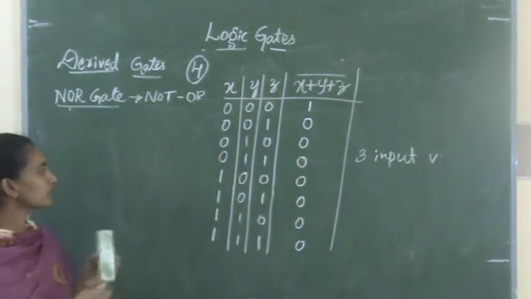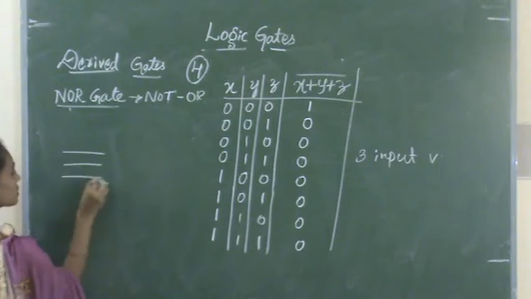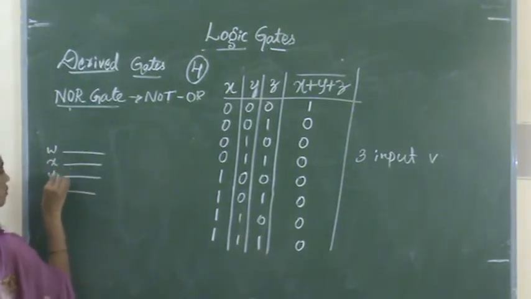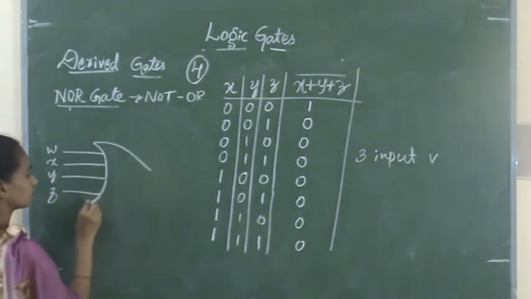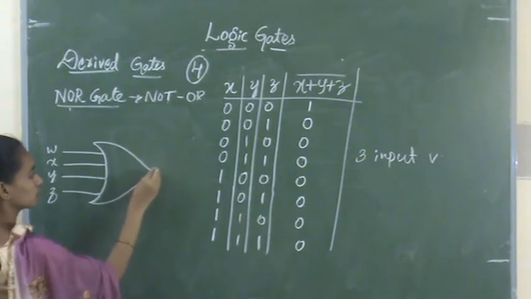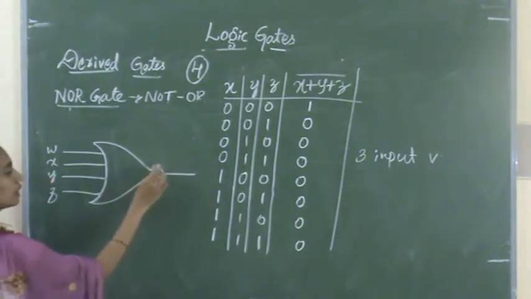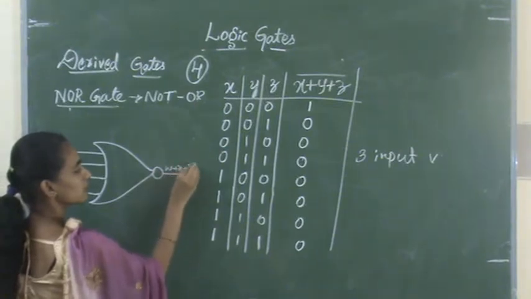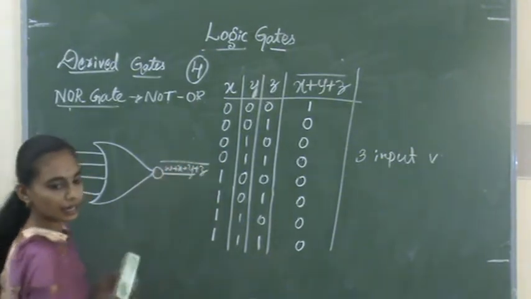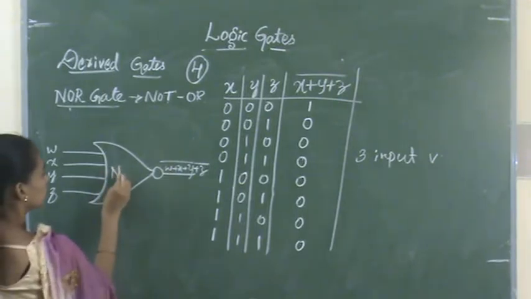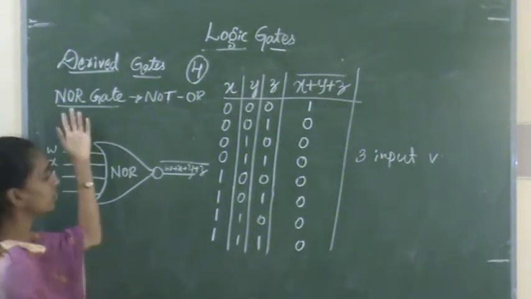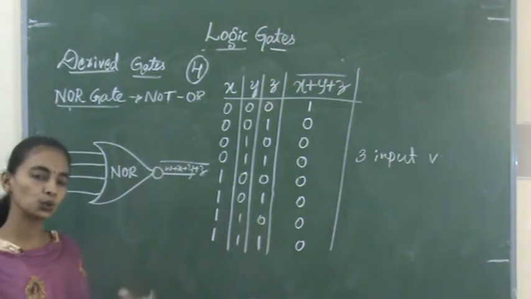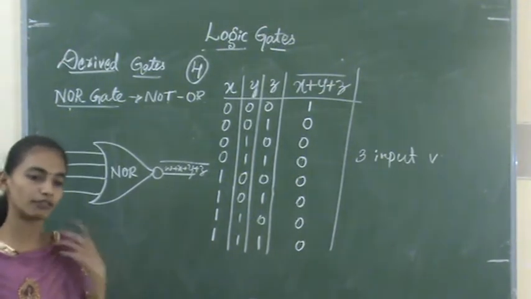Like that we can provide four input variables: W, X, Y, Z. So W plus X plus Y plus Z whole bar. Like this, we can write n number of inputs for a single gate. We can provide 2 inputs, 3 inputs, 4 inputs, or 1 input also.